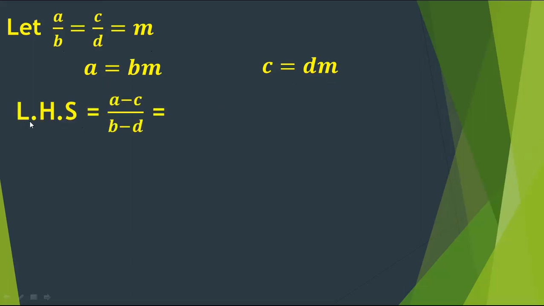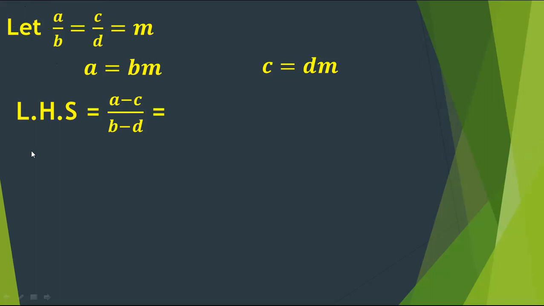Right, left hand side equals (A minus C) divided by (B minus D), by substitution. The first step is the important one. Let A over B equals C over D from the proportion equals M directly. Then A equals BM, C equals DM.